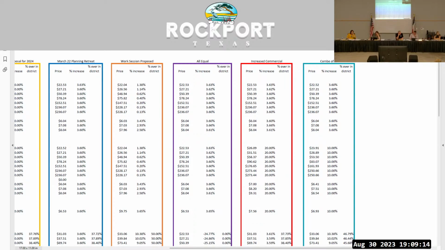I'm not seeing a difference on the actual ending balance. For us to keep going back and forth and getting the same end answer, it's either we're gonna do combo for all, or I just don't see taking 2% away from the outside residential and adding 2% to them.